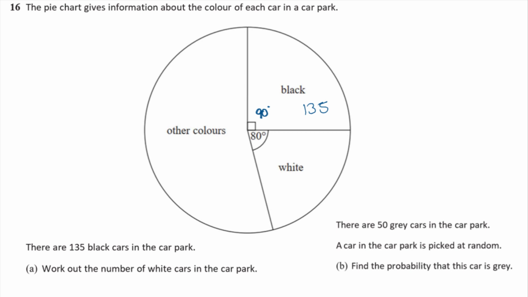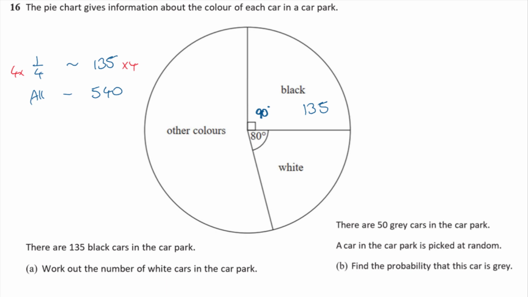So if 1/4 gives you 135 cars, then to get the total number of cars you're going to multiply by 4, aren't you? So all of the cars is going to be 135 times 4. So 135 double is 270, double again, that's 540. So there are 540 cars altogether.